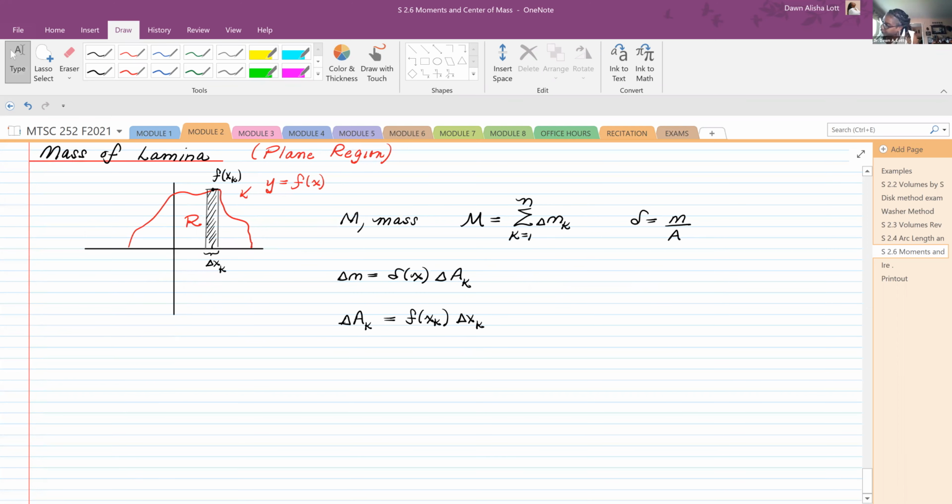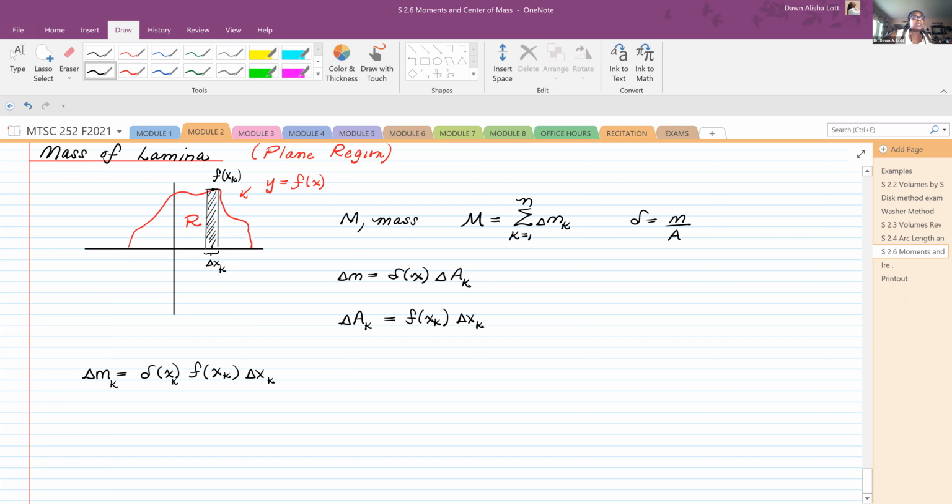Okay, so now I get that delta M, my little mass piece, is equal to delta of xk times my f of xk times my delta xk. Okay, so that's what I get, that little piece.